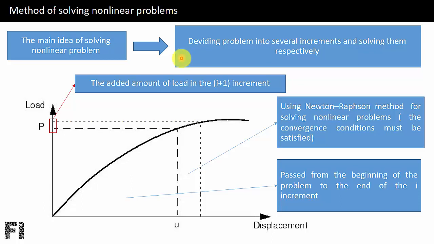In fact, for a nonlinear problem, we cannot solve the problem in one increment. We must solve it in several increments. And in Abaqus, the number of increments depends on the solver and step settings.